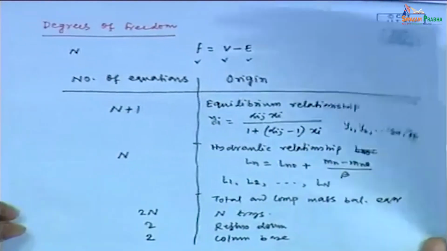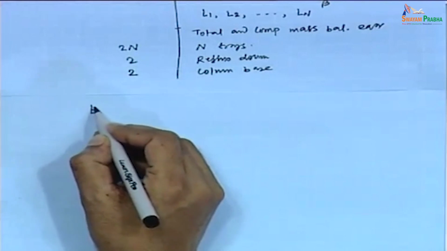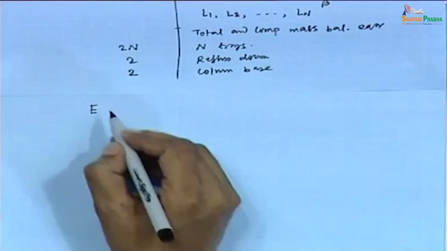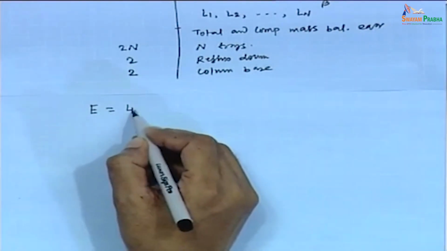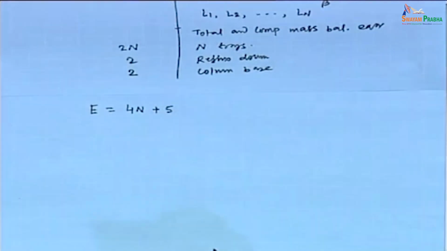So, total number of equations E, how many? Total number of equations E equals 4n plus 5.